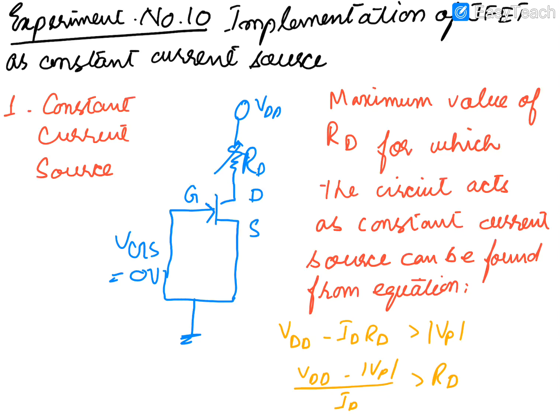So the value of VDS is actually equal to VDD minus IDRD, and it should be greater than pinch off voltage if you want your JFET to operate in saturation region where the value of current is constant.